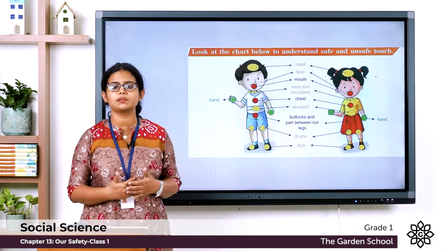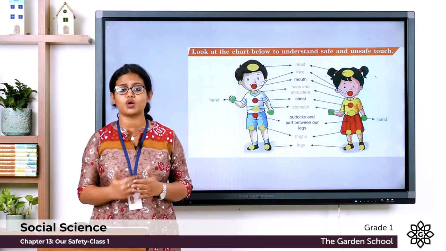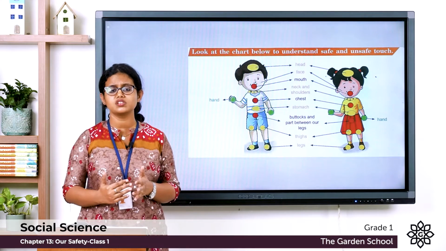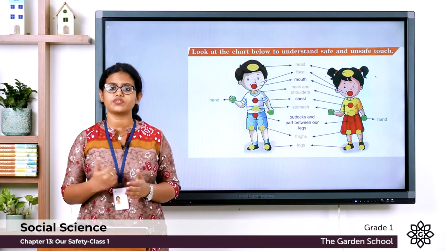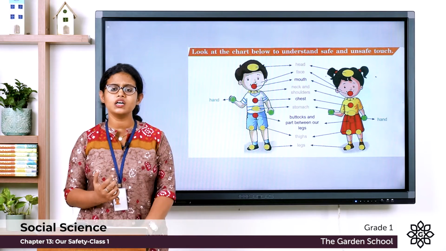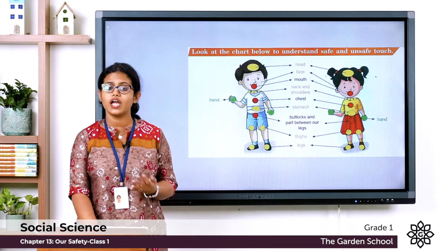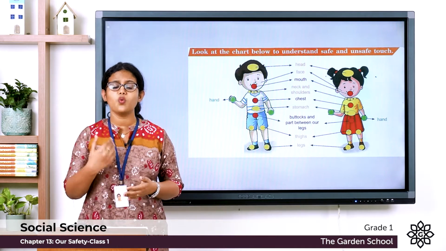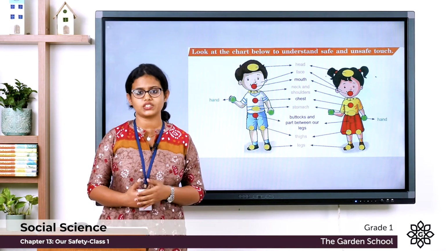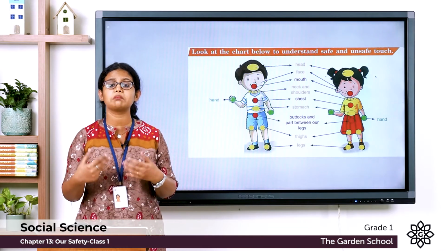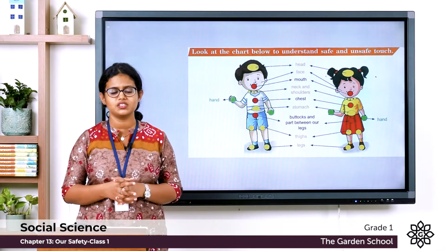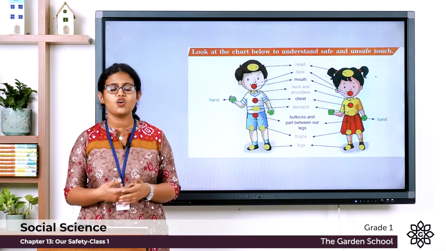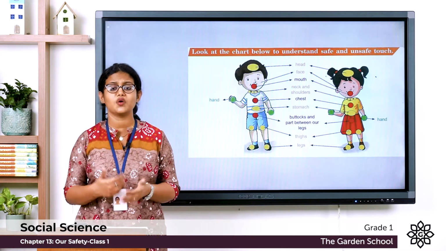Now, let's discuss another important topic, that is safe and unsafe touch. Have you all heard the term safe and unsafe touch? First of all, what is the meaning of safe touch? The touch that makes us feel good. When your father or mother hugs you, how do you feel?